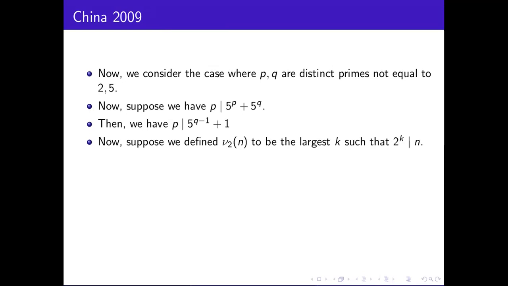And the reason this is significant is because we have that the order of 5 mod P divides 2 times Q minus 1, but it doesn't divide Q minus 1.